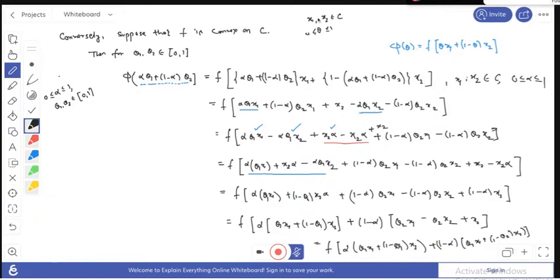This means the convex combination of these two points also belongs to the set C, so this belongs to C and this belongs to C. And f is a convex function, and alpha lies between 0 and 1, so that's why this is a convex function. So you can write this. We will do that in the next step.